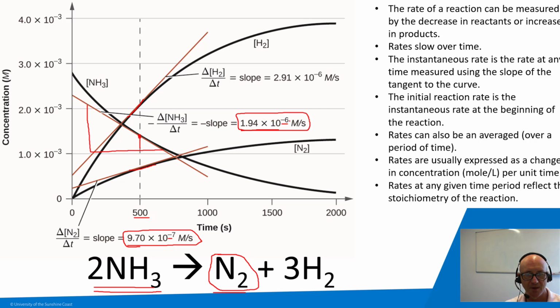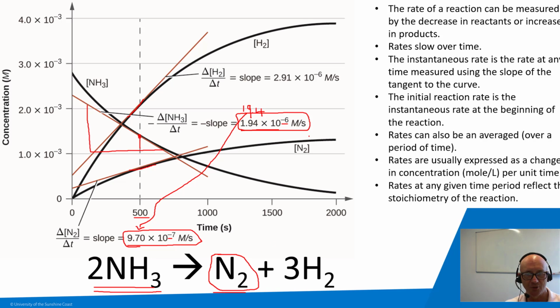But if I wrote this number as 10 to the minus 7, that's actually 19.4 by 10 to the minus 7, so it's easier to compare here. So I'm comparing 19.4 to 9.7, and you can see it's actually twice the rate. In other words, the ammonia is decreasing at twice the rate that the N2 is going up.